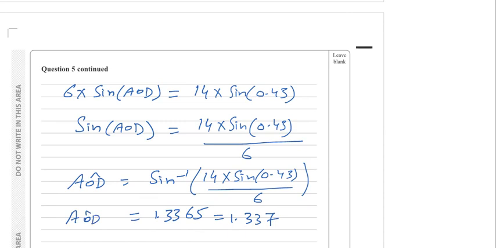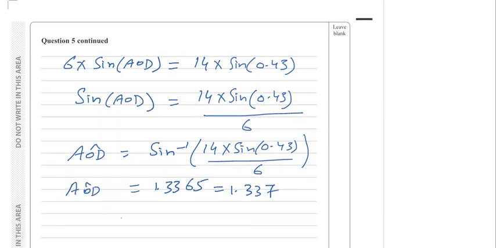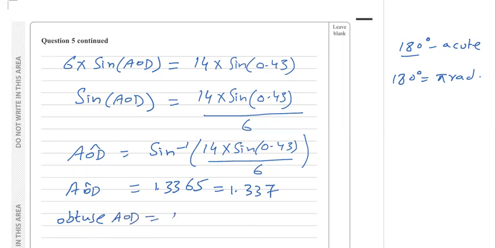Now to find the obtuse angle, we know that in degrees it is 180 degrees minus the acute angle. But right now we are doing the radian measure calculation, and 180 degrees is equal to pi radians. So to get the obtuse AOD, it will be pi minus this acute angle, which is 1.337.